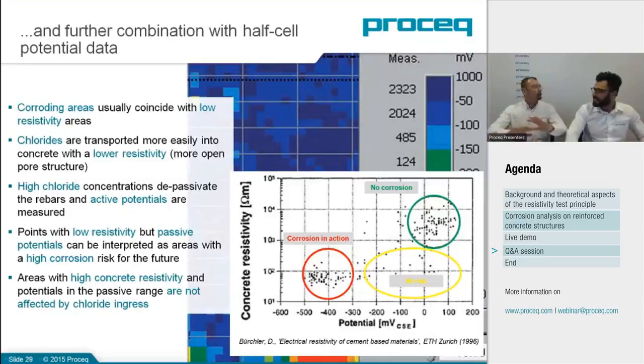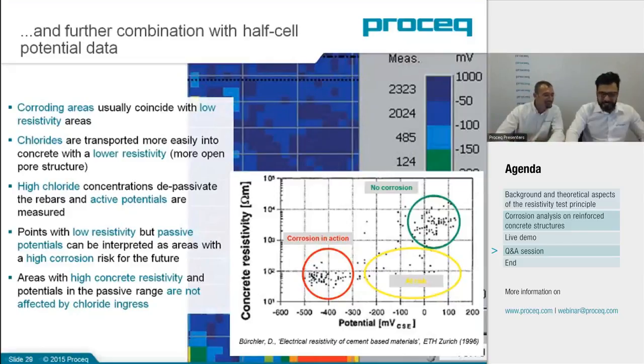The mapping of the half cell potential values, and even more than the values in themselves, the gradients and the shape of the variation, is the tool that we use to verify and to find active hotspots. I'll be more than happy to keep on the discussion, but half cell potential in itself probably deserves a whole time that we don't have here.